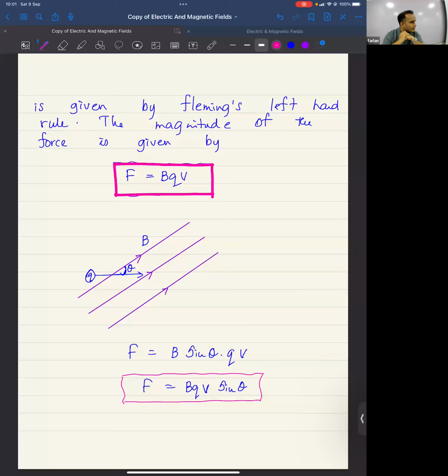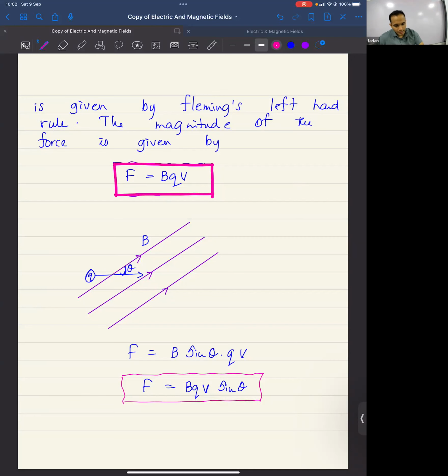Q equals IT and V equals L over T, then the T is the same thing. F equals BIL, right? Fine. Guys, now look at this. That is what I just told, if the particle enters perpendicular to the magnetic field.